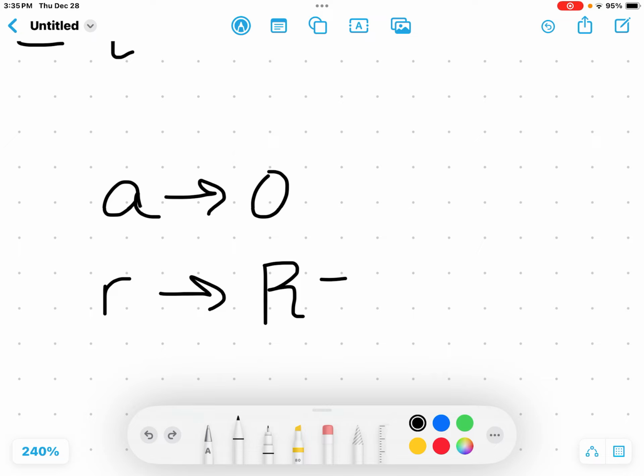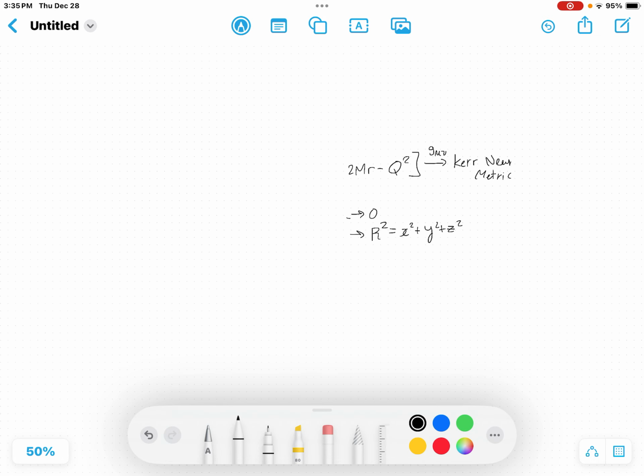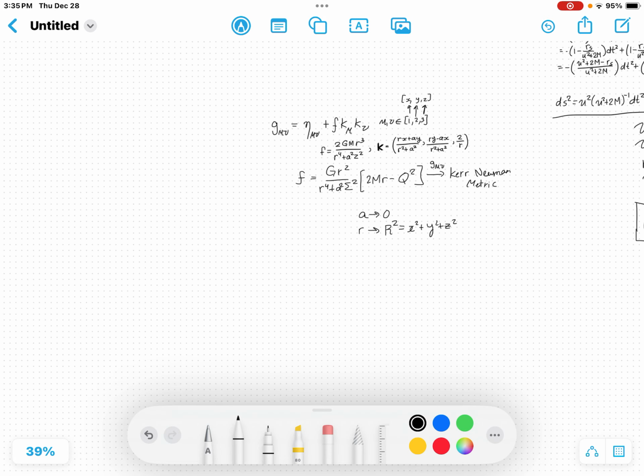So R squared equals x squared plus y squared plus z squared. I didn't mention this before. Some additional stuff. I'll keep you posted whenever there are more metrics that we can talk about.